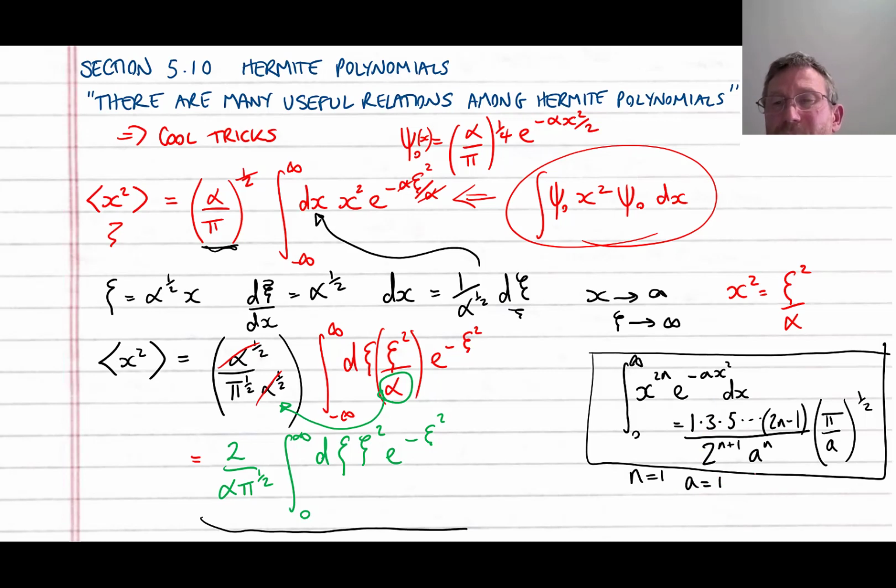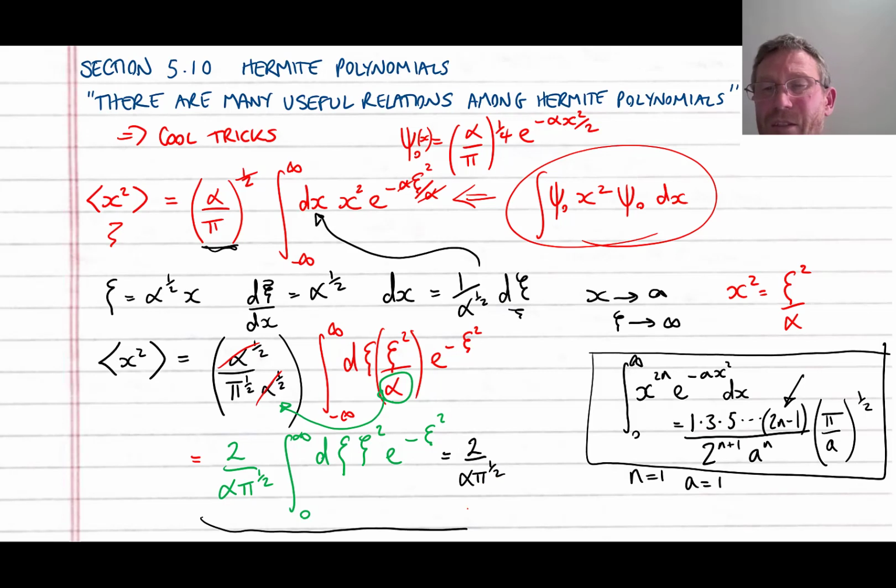So when we plug these values in, we go up to in the numerator in here. So the numerator ends up being, well, 2n minus 1. So n is 1. 2 times 1 is 2. Minus 1 is 1. So we're going to have this on the top in here. So we end up, by the way, we've still got our 2 over alpha pi to the half.